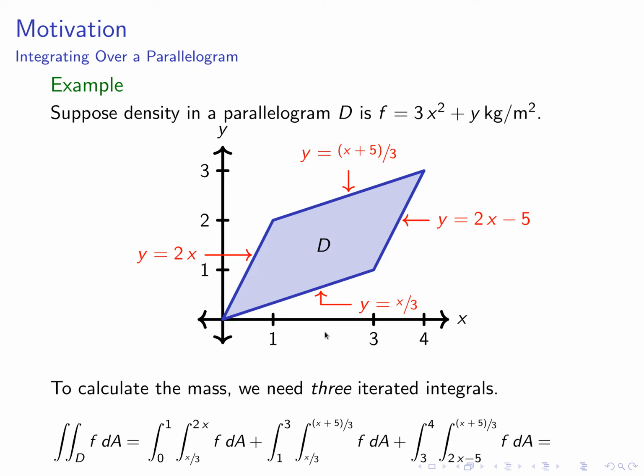And then if we slice between x = 3 and x = 4, that's y = 2x − 5 up to y = (x + 5)/3. So to calculate mass in this problem, we need 3 iterated integrals. And if we do all the calculus here, there is an answer, and we end up getting 80 kilograms.